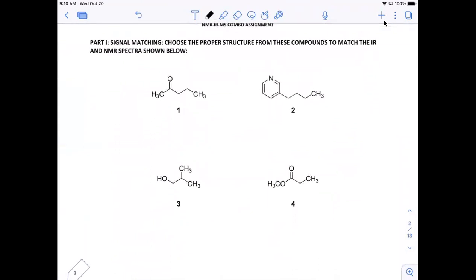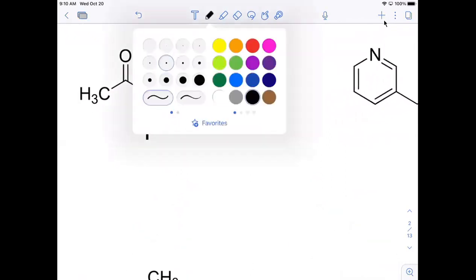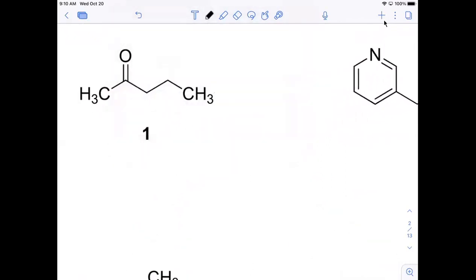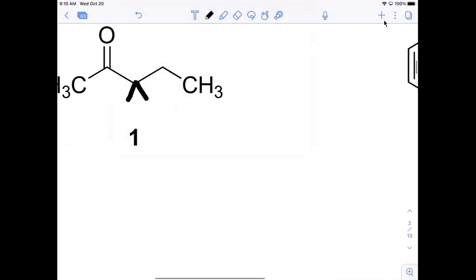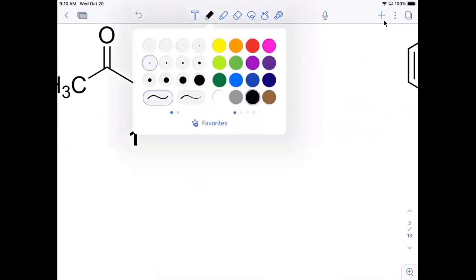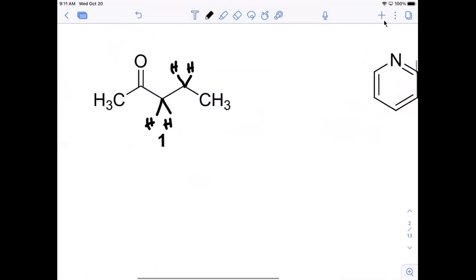And before we do any of that, we're going to put the hydrogens in on these molecules. So I'm going to put in hydrogens on each one of these. So here we got two hydrogens on this carbon, and then two here. All right.